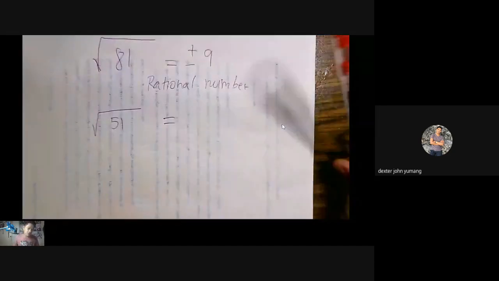Next, square root of 51. Second question, square root of 51. Go ahead, try the answer, the one with many decimals. Square root of 51.